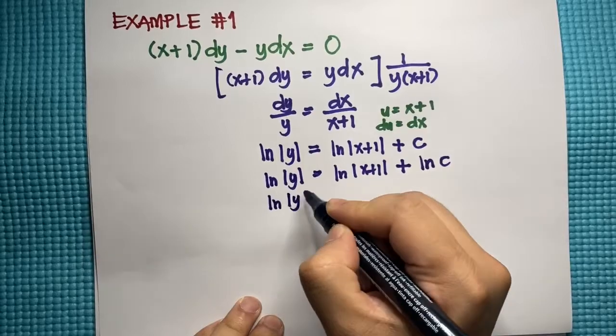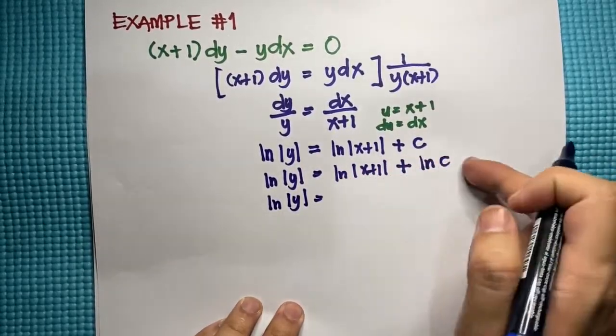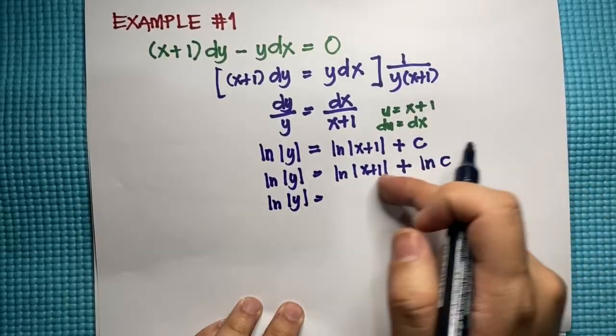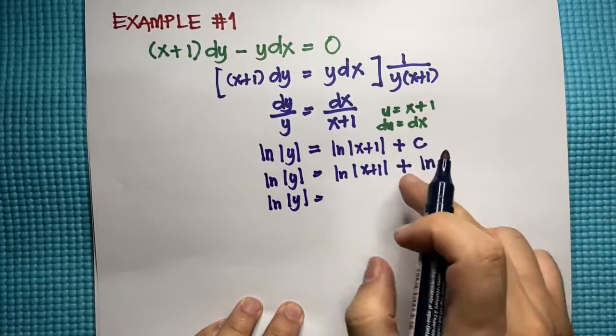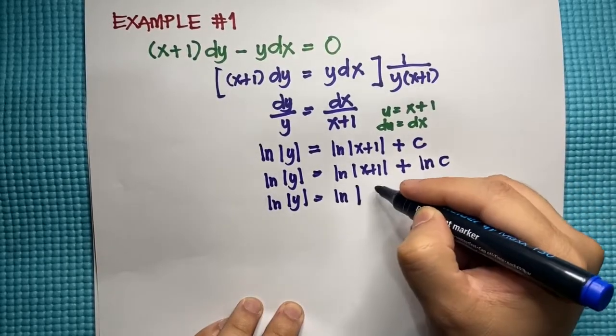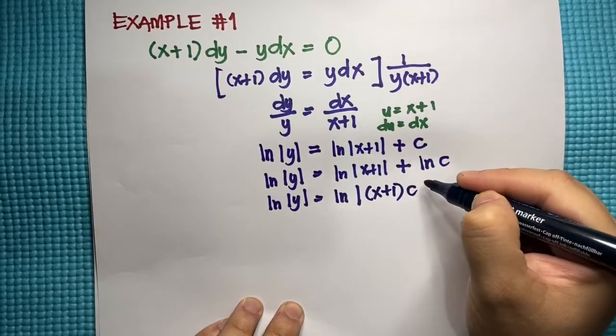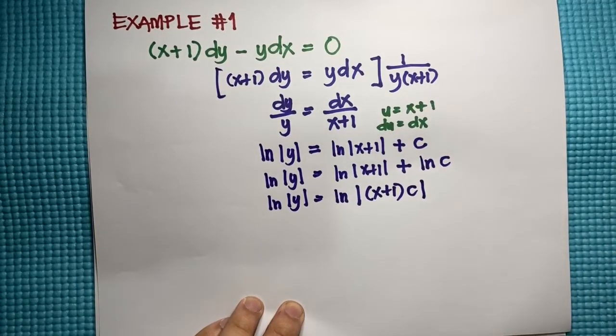So ln y is equal to the combination. Using the properties of logarithm, if that is an addition, that would serve as a product of x + 1 multiplied with c.